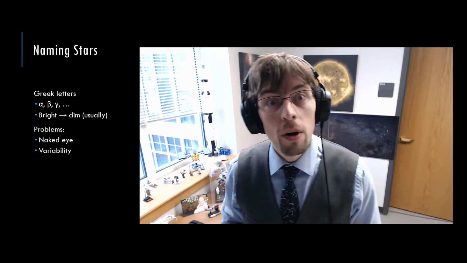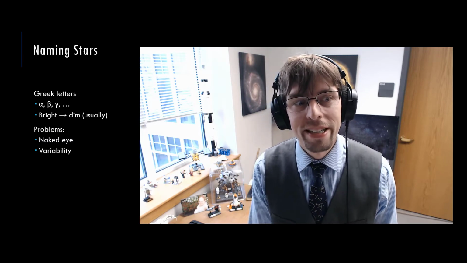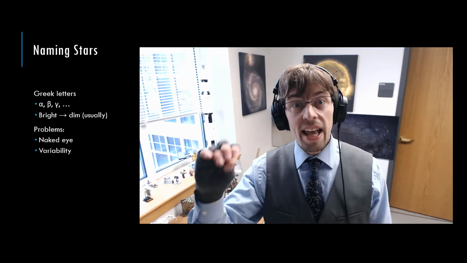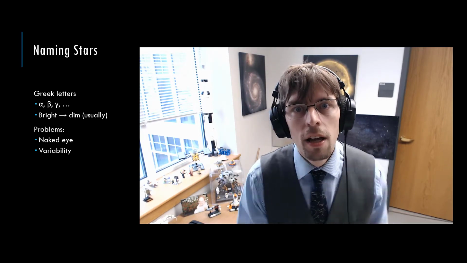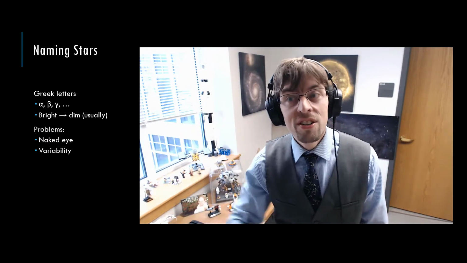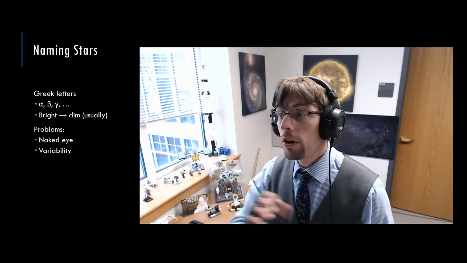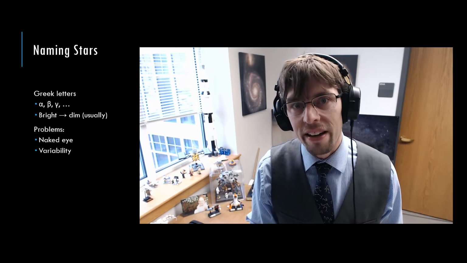A second one that crops up that's always interesting is variability. And the ancient Greeks had a philosophical idea. It's that the heavens are perfect. In other words, because the heavens are perfect, there is no change that happens in the sky.